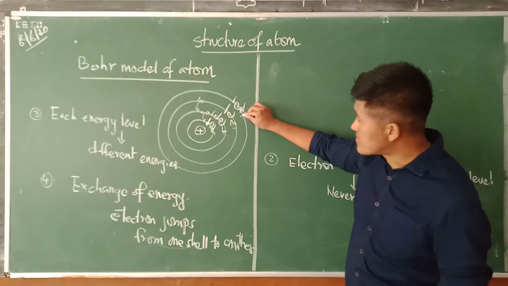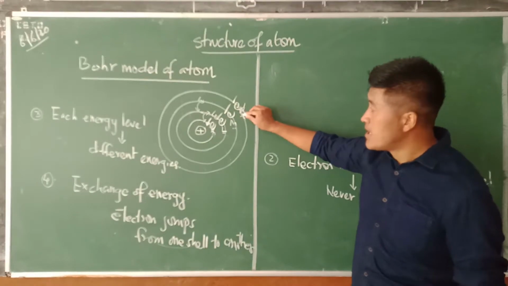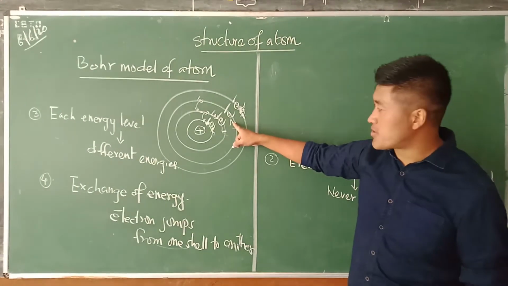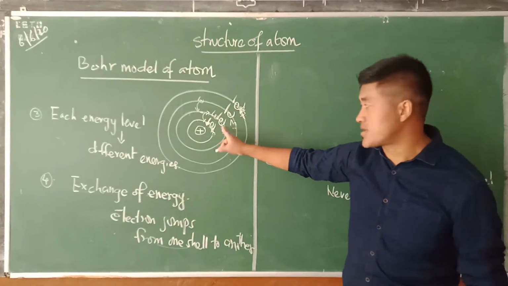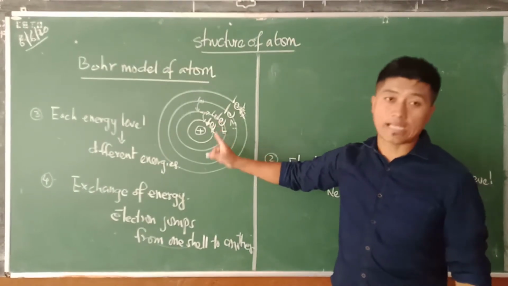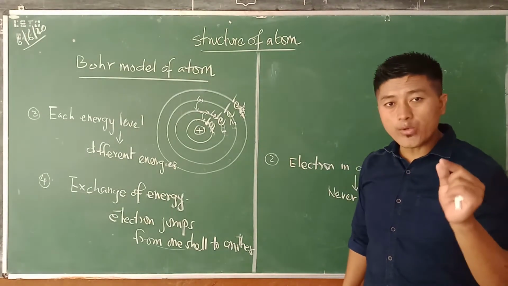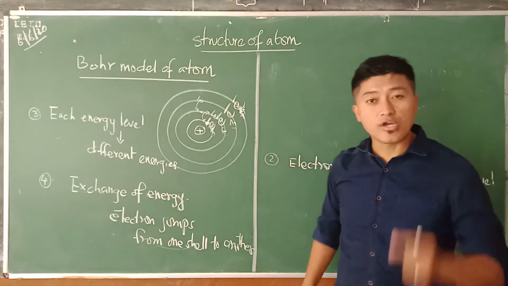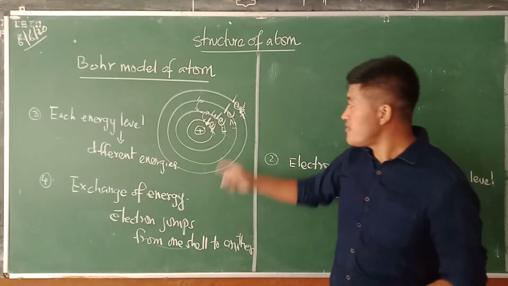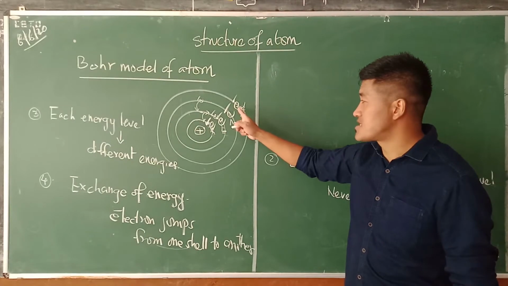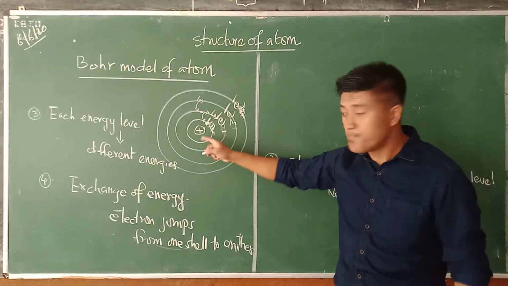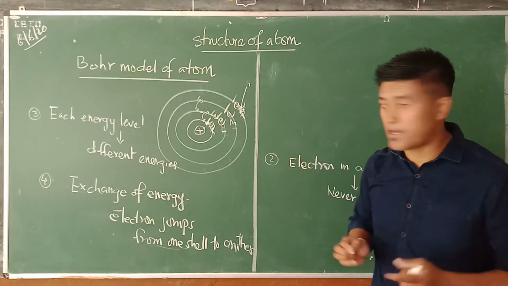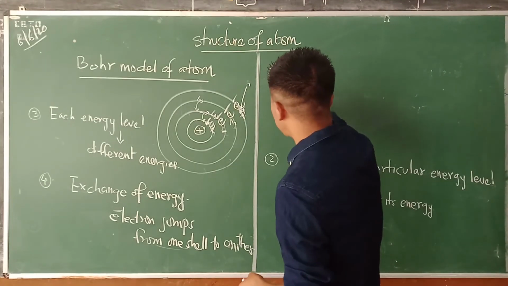It is the N shell. You can find one electron in the N shell, one in the M shell, one in the L shell, and one in the K shell. What he concluded is that the electron in the outermost shell has the highest amount of energy. If you compare the energy possessed by all these four electrons, this electron has the highest amount of energy. Is that clear? So this is the fifth postulate.